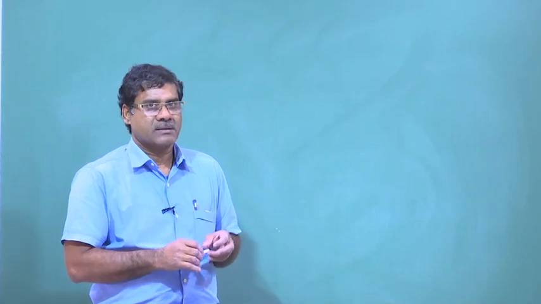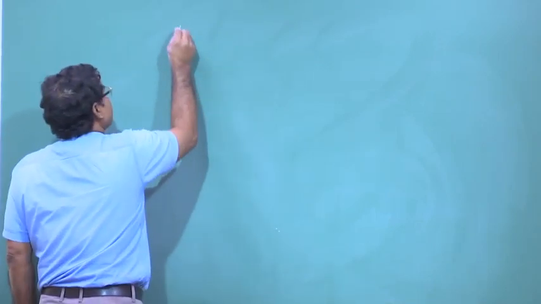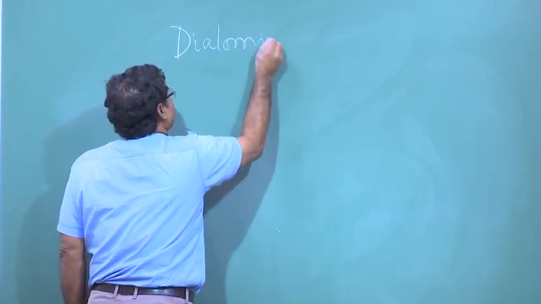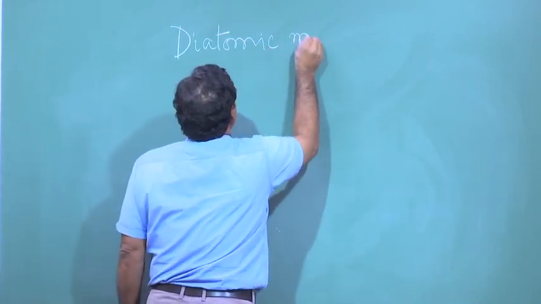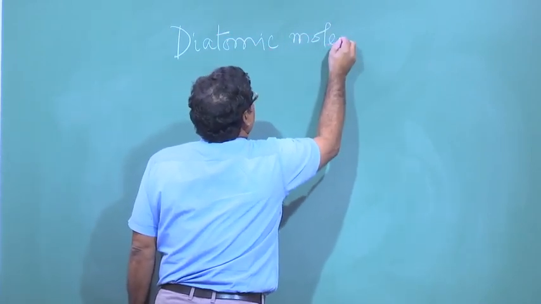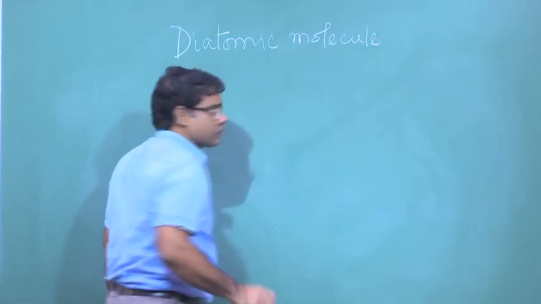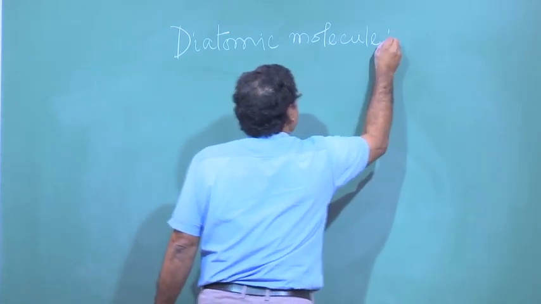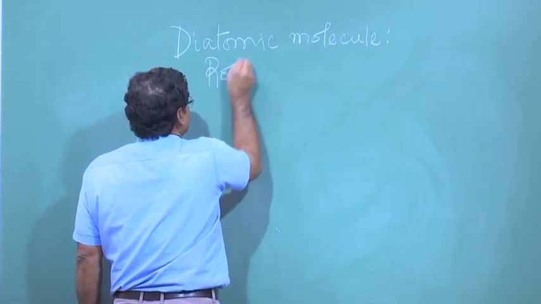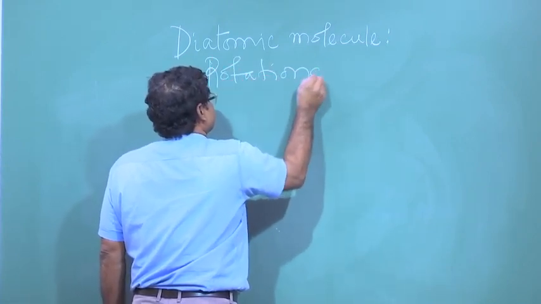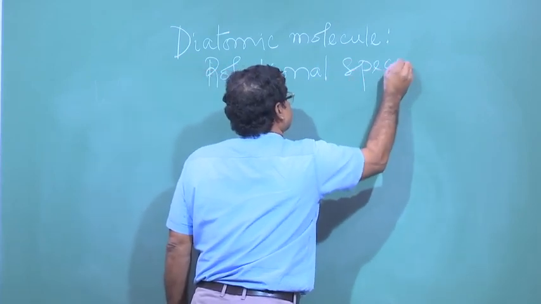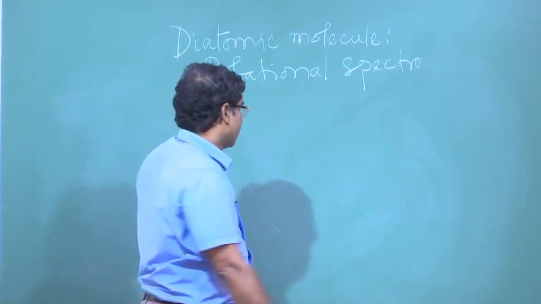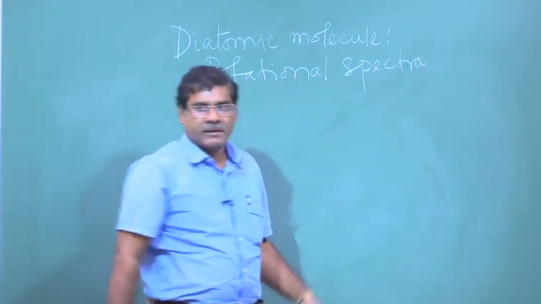The diatomic molecule will give you rotational spectra, and of course it is in the microwave region.